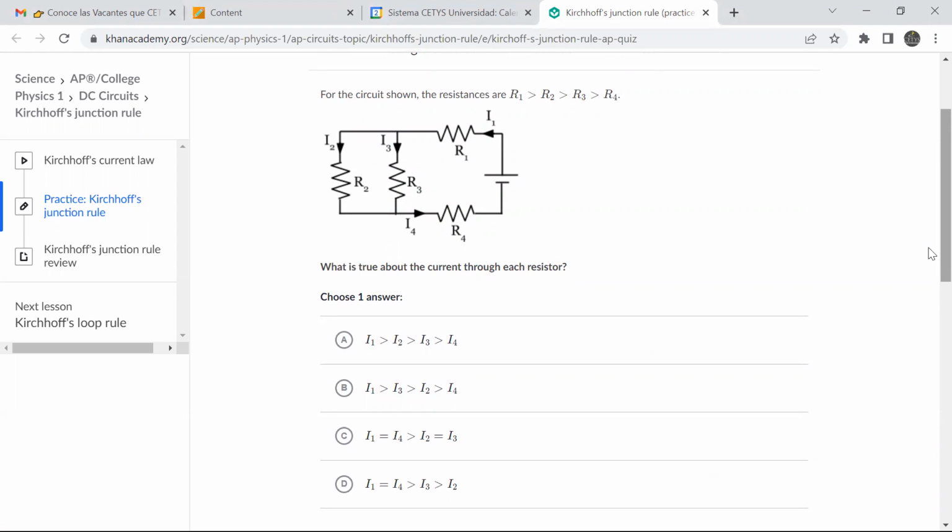Now I'm going to give you another minute for this one. Just look at that one. Now we've got more currents established there.